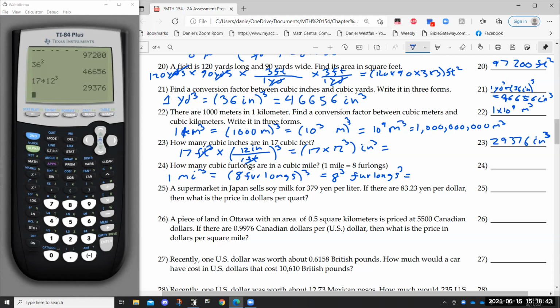So that's going to be 8 to the 3rd. It's going to be 512 cubic furlongs. Not familiar with the abbreviation for furlongs, so I'm just going to write out furlongs.